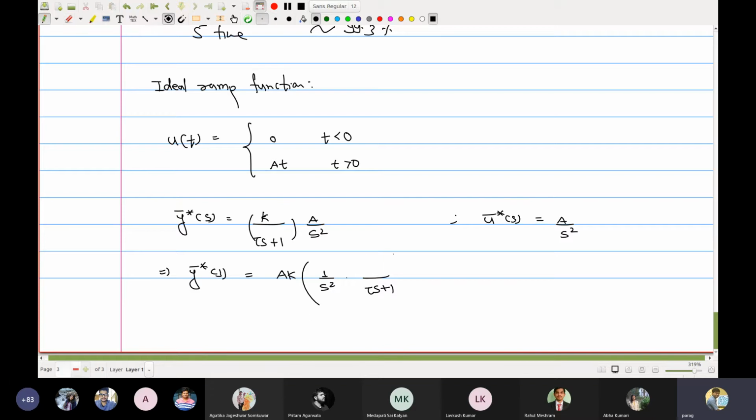Rather, I can also write this as 1 upon s squared, times 1 upon s plus 1 upon tau, right?